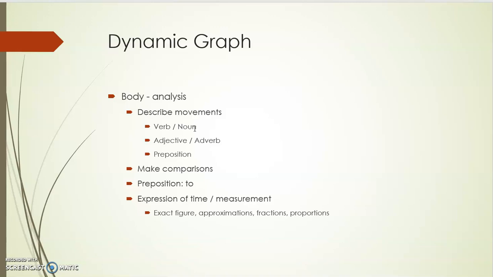You might want to look back at your workbook to find out notes on all this. Okay, also you will need to include adjective or adverbs to describe the movement, like the word slowly or gradually.